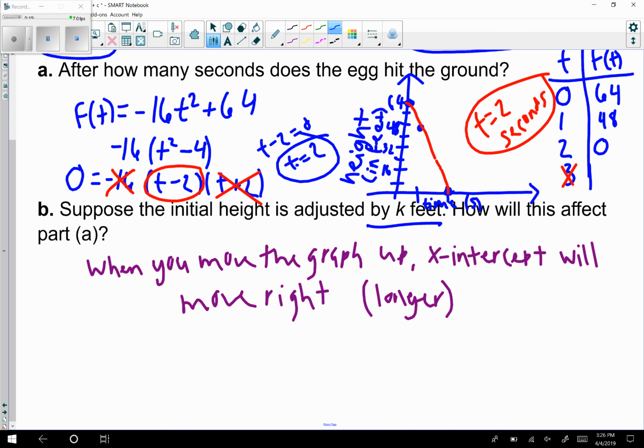Okay, so let's take a look then at what if you move the graph down?